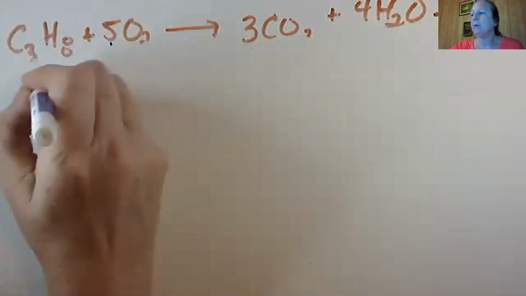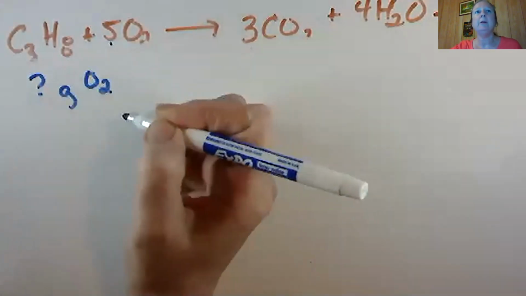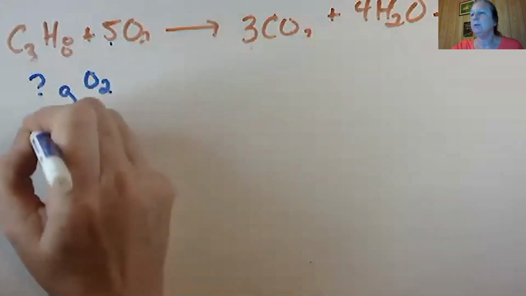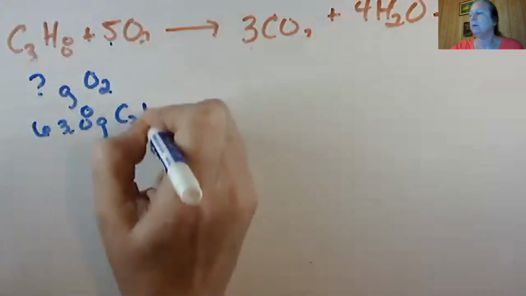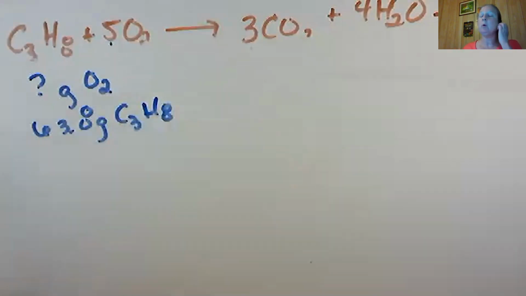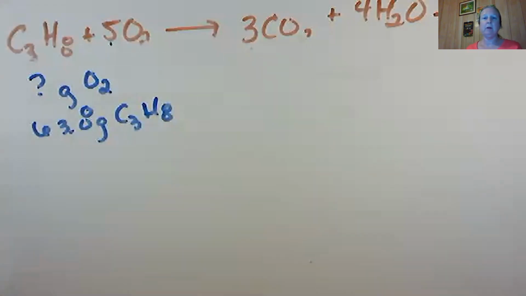This time the question is, how many grams of oxygen are needed to react with 63.8 grams of propane? Okay, this time you are not in moles, you are given grams. Anytime you are given grams in stoichiometry problems, the very first thing you should think is, I have to convert something to moles.